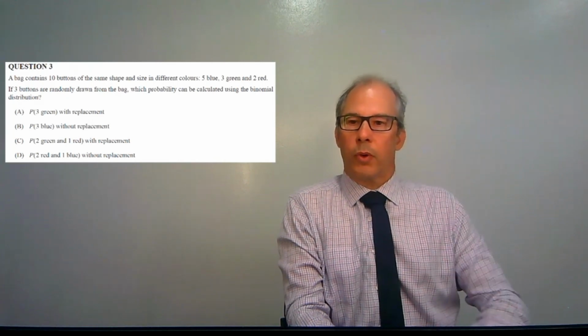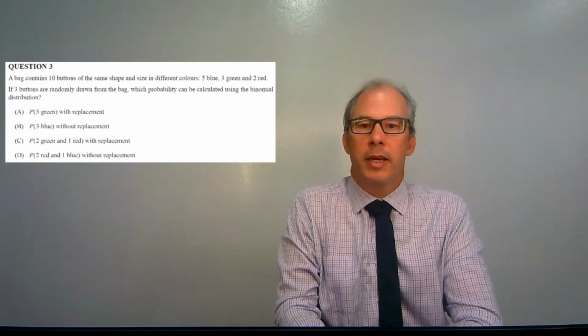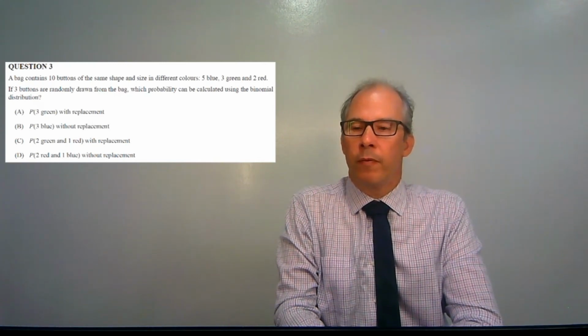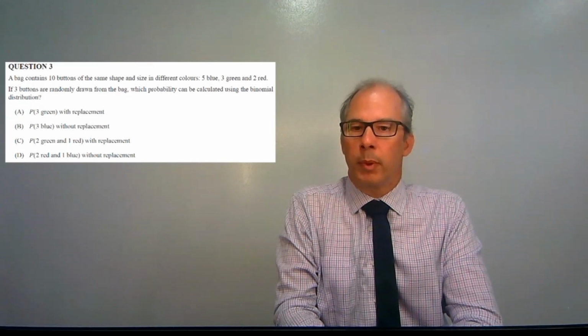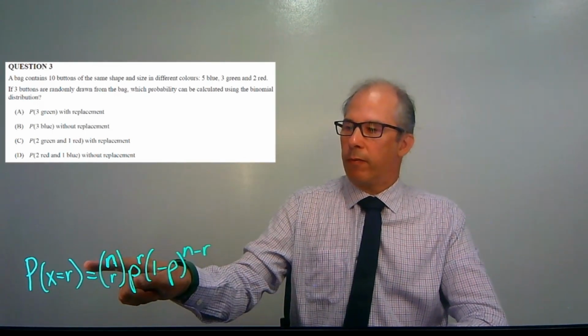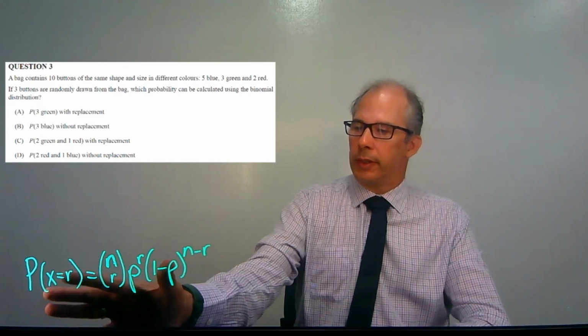So question 3 says a bag contains 10 buttons of the same shape and size in different colors: 5 blue, 3 green, and 2 red. If 3 buttons are randomly drawn from the bag, which probability can be calculated using the binomial distribution? I know from my formula sheet that the binomial distribution is this.